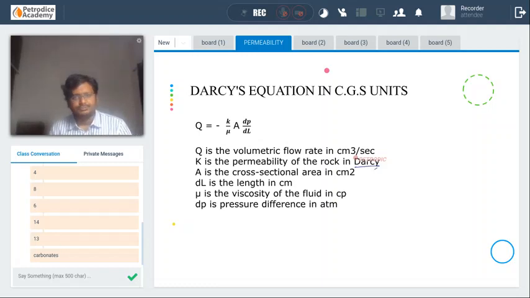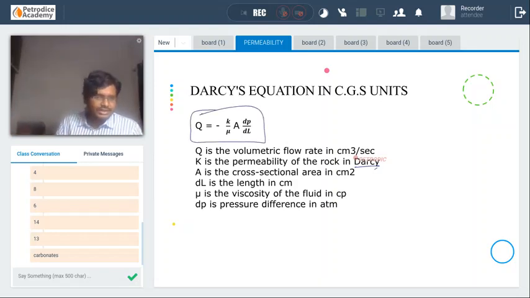Write it carefully guys. You just need to remember the formula, that's it. I think majority of students know already the units of Darcy.